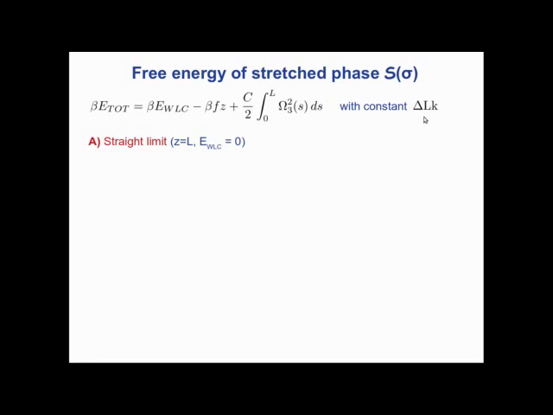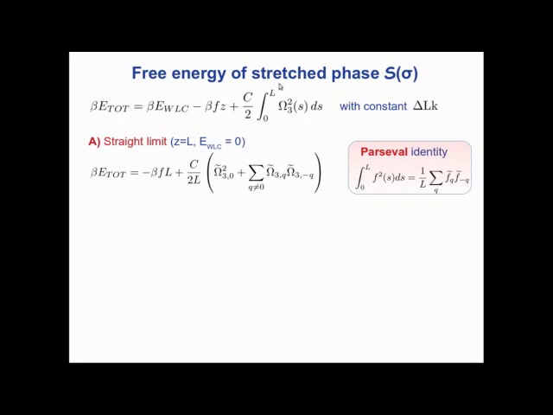So how do we do this? Okay, this one is 0, so it's not there. Then instead of Fz, I have F times L, with fixed L. Then I have this one. For this term, I'm using what is called the Parseval identity, and the integral from 0 to L of f squared can be written in Fourier components, as a sum over the Fourier modes, f tilde of q, which are the Fourier transform of f of s.